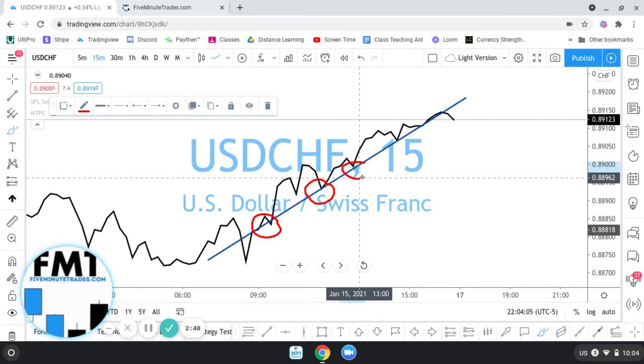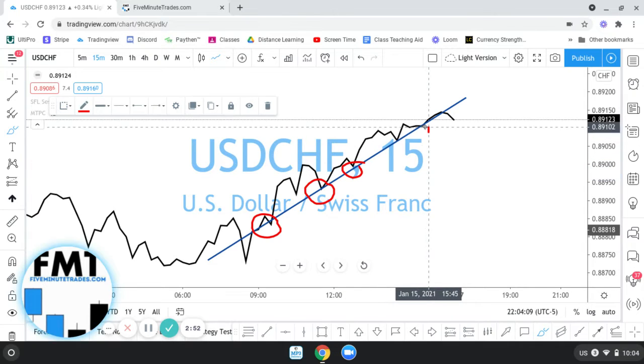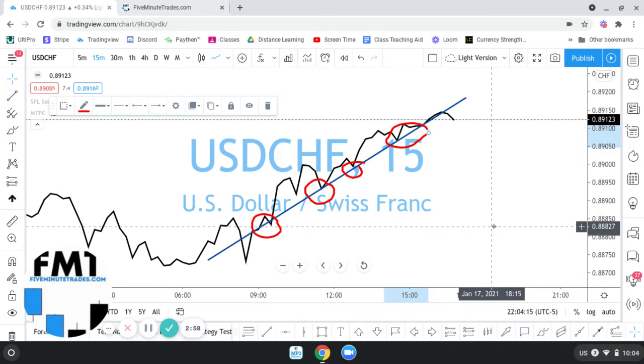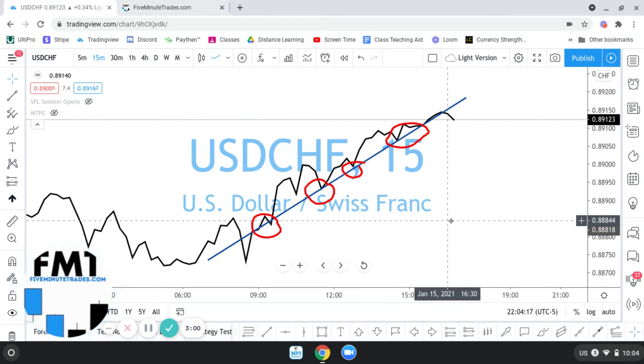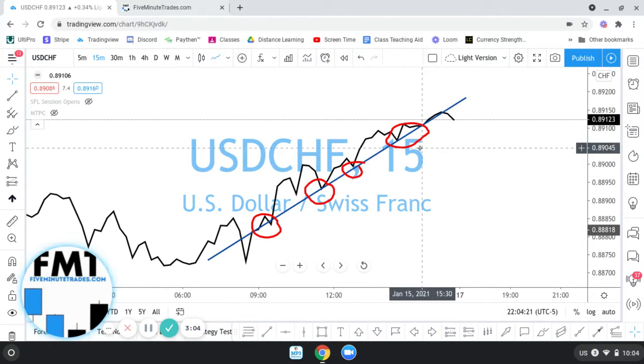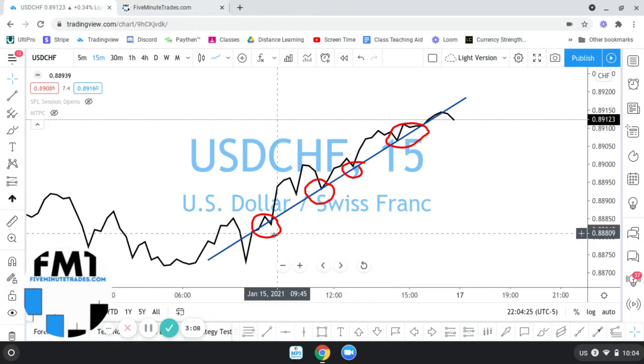We can count that and count this one as one, these two. So it tells me that for a certain length of time the trend line was holding. It was holding price up.